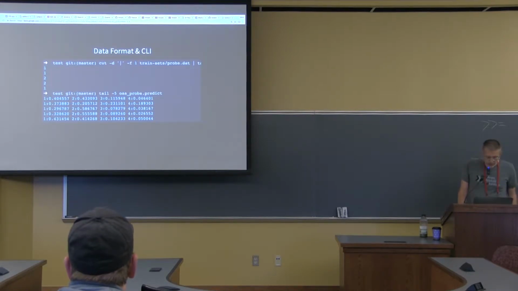The outputs themselves are probability vectors, in this case, associated with the likelihood of a given feature set belonging to one of the 4 classes. So if I just grab the tail of the actual training data, the tail command's cut off there, but I'm just looking at the last 5 labels of the training data file. And you can see that the labels are 1, 1, 2, 2, 1.